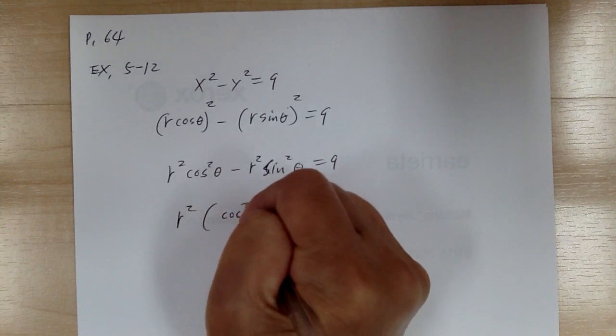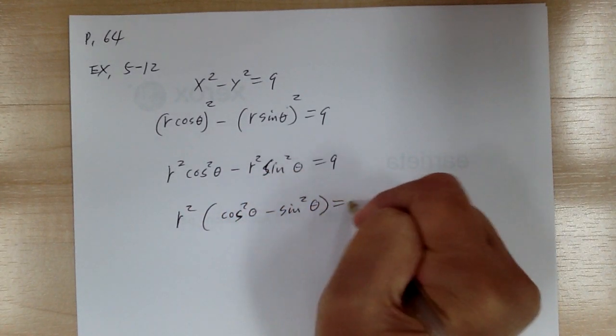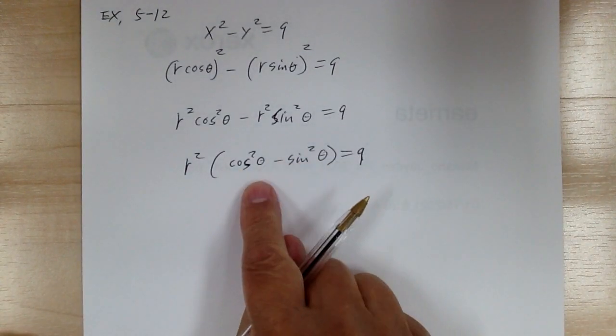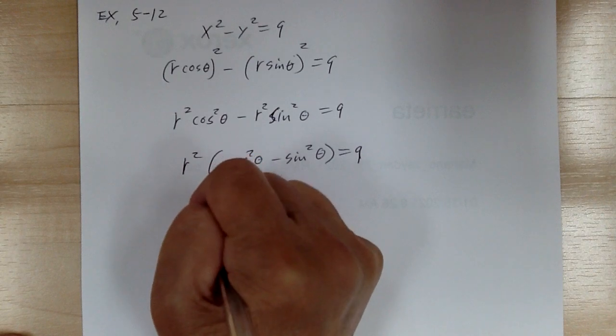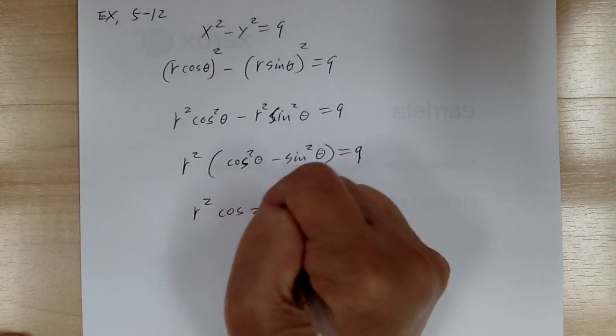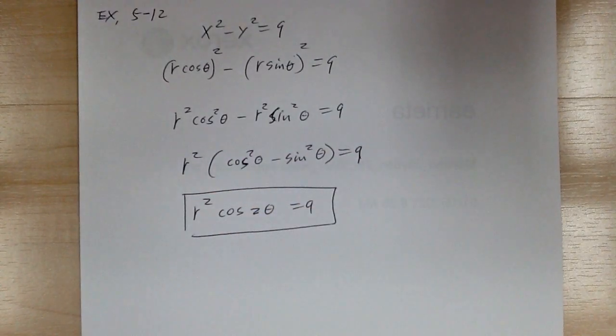So you get r squared times cosine squared theta minus sine squared theta equals 9. And this is the double angle formula for cosine. So you get r squared cosine of 2 theta equals 9, and that's it. Okay, let's go to the next example.